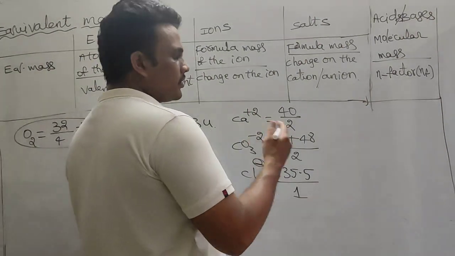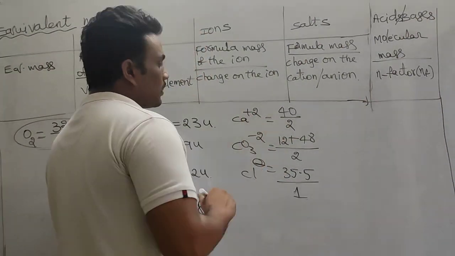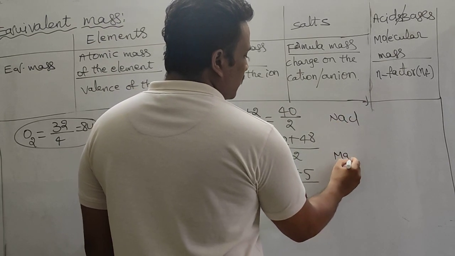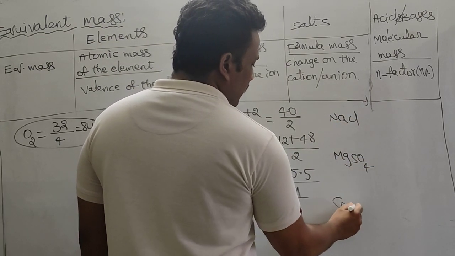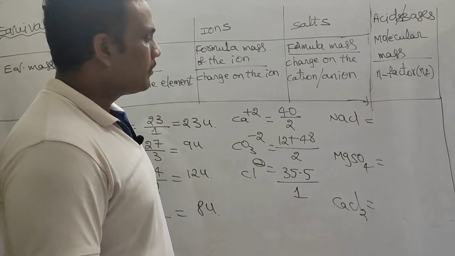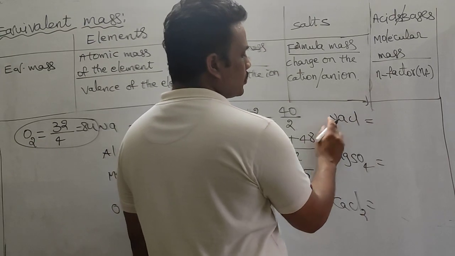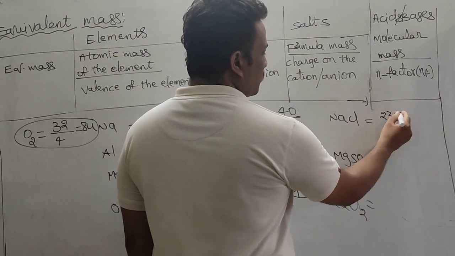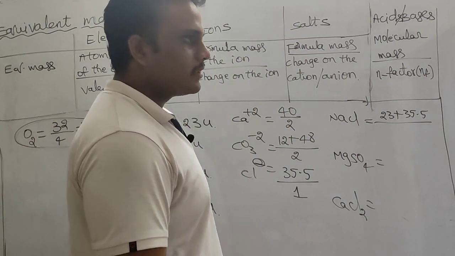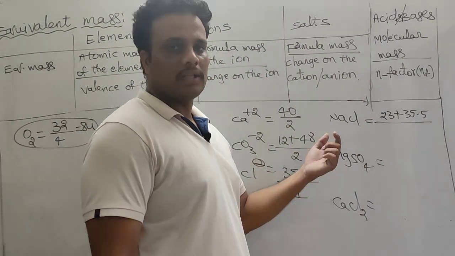For salts it is just like ions. Suppose you are given NaCl, magnesium sulfate, calcium chloride, any salt. How do we calculate the equivalent mass? It is the formula mass: sodium 23 plus chlorine 35.5. The calculation of formula mass is quite similar to that of molecular mass.